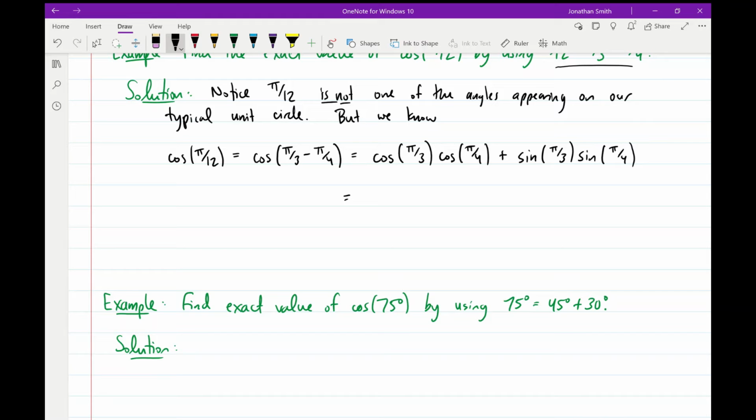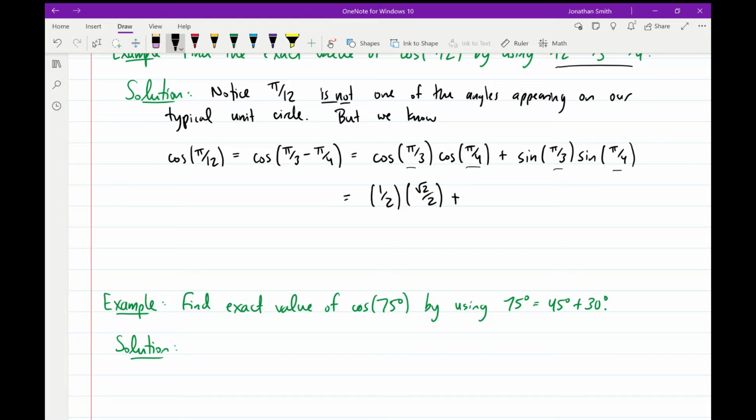All right, so now we've rewritten it in terms of cosines and sines of angles that we are familiar with. So all of these angles are sitting on the unit circle, so I should know what cosine and sine are at each of these angles. So cosine at pi over 3 is going to be a 1/2. Cosine at pi over 4 is root 2 over 2.